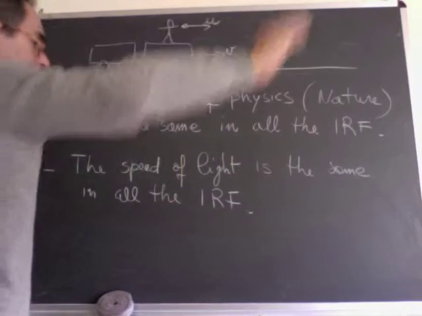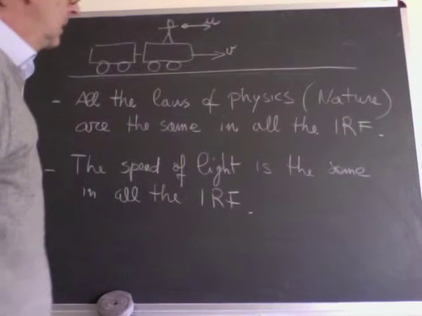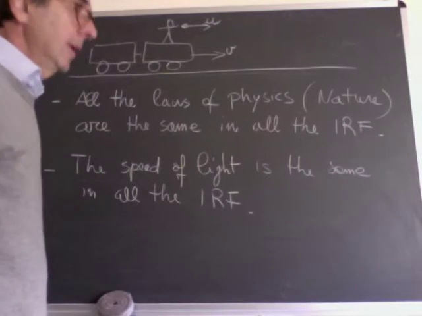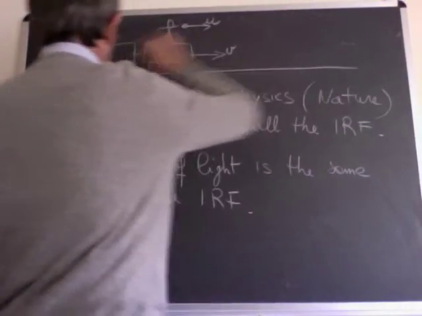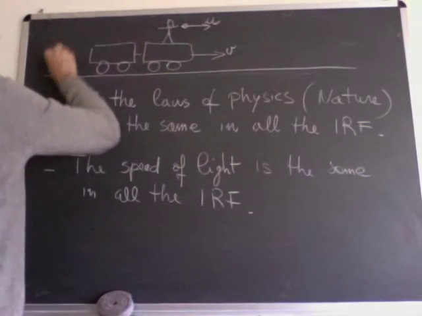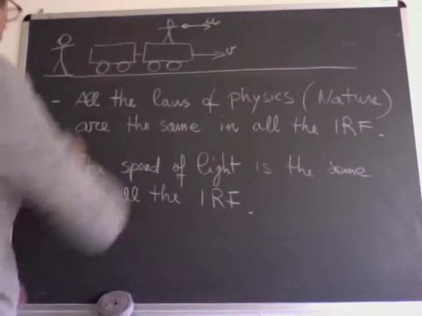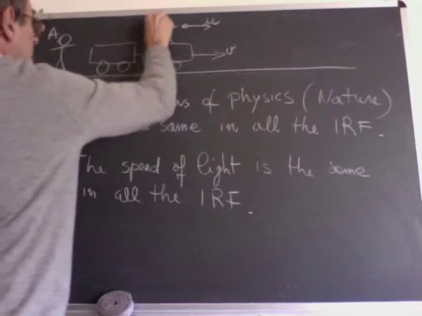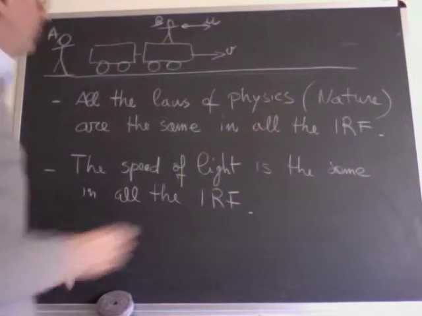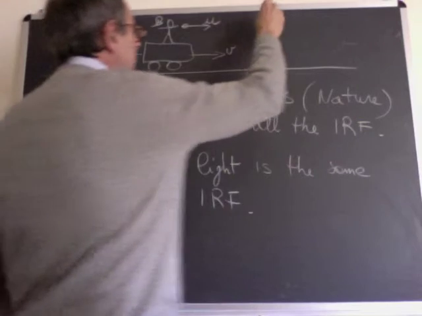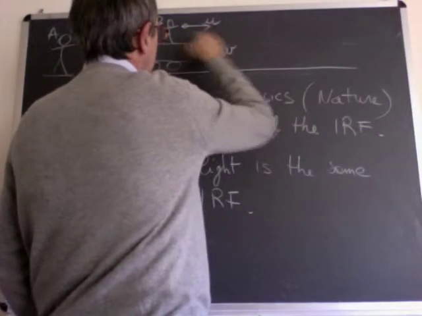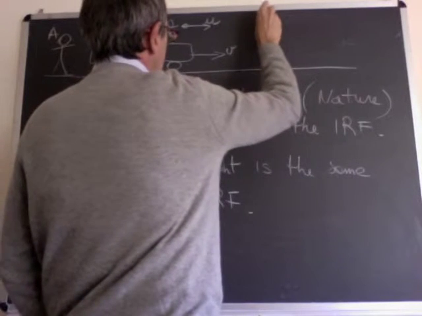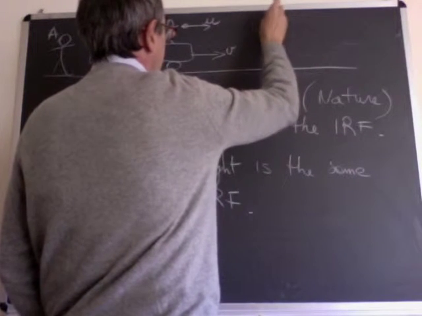from the window. Well, it is well known in classical physics that, this is A, this is B, B sees the stone thrown in this direction with velocity u.